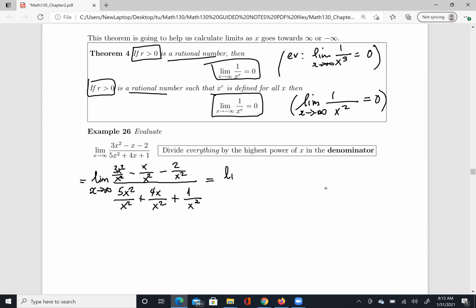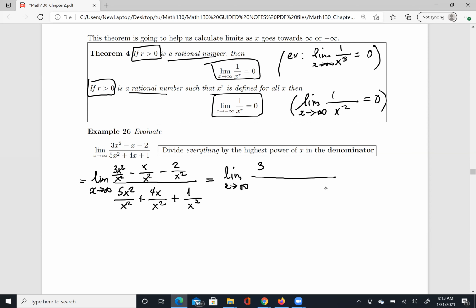So I have the limit as x goes to infinity, and the first term will be 3 because 3x squared over x squared is just 3.